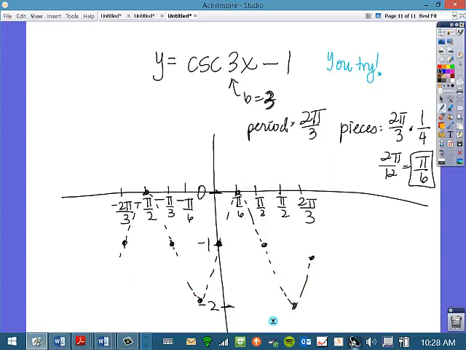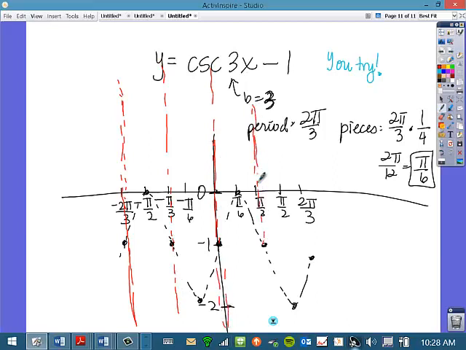Now I need to go put my asymptotes wherever my function crosses the middle line. So I'm going to asymptote at, oops, I totally missed that tick mark. At negative 2 pi over 3, at negative pi over 3, at 0, at pi over 3. I'm struggling with graphing straight lines. And 2 pi over 3.